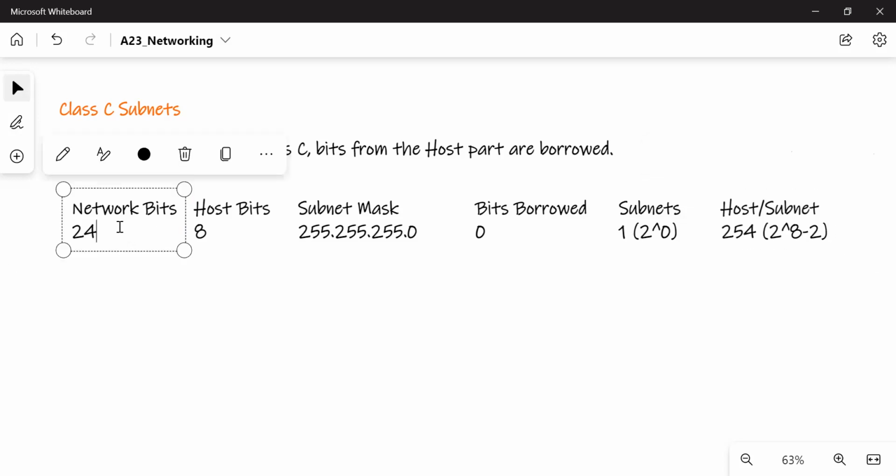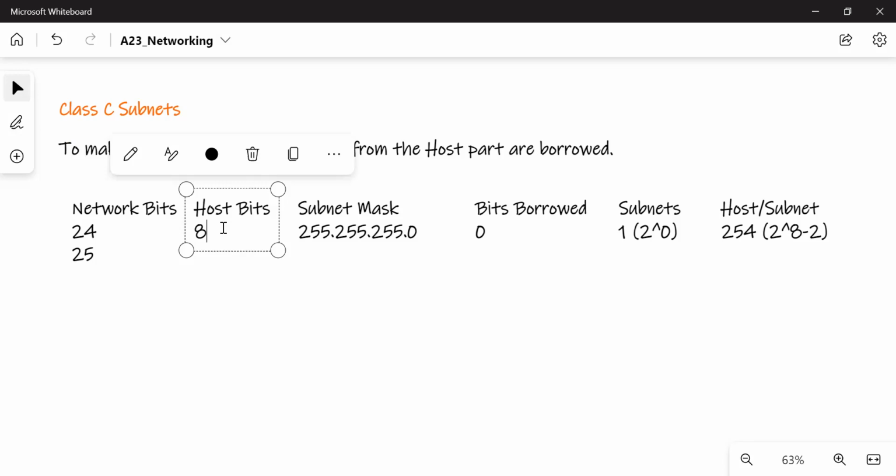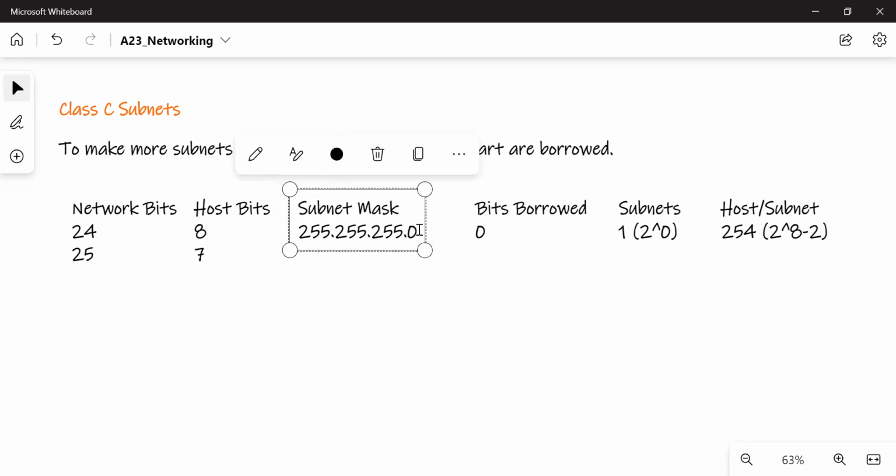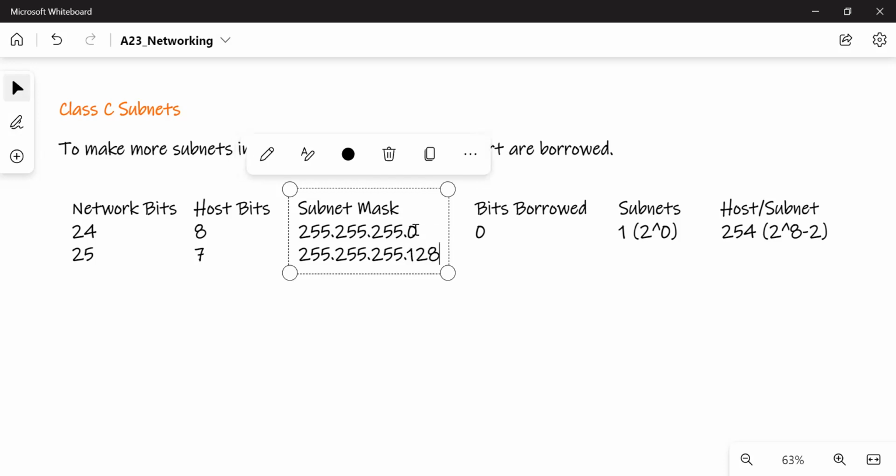So the borrowings are easy. Initially when you borrow 1, the network bits become 25. The host bits become 7, and the subnet mask becomes 255.255.255.128.